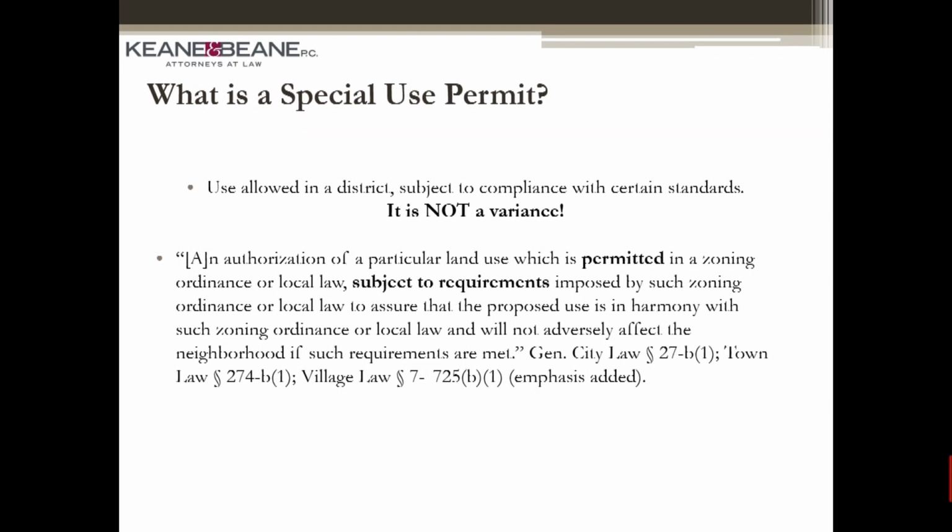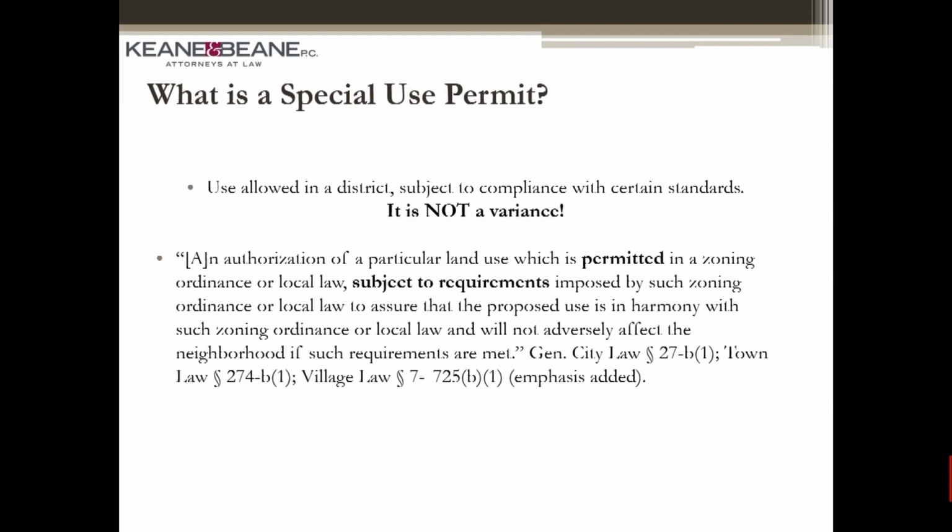So it's not a use that the city council has determined can just be permitted as of right, maybe just subject to site plan approval or a building permit. It's something that is permitted as long as it meets several conditions. And it's up to the planning board to review those conditions to make sure that the use complies, and if so, the permit is granted.